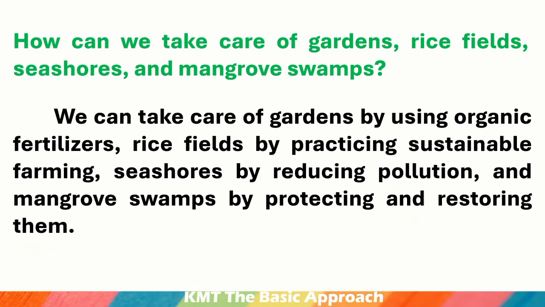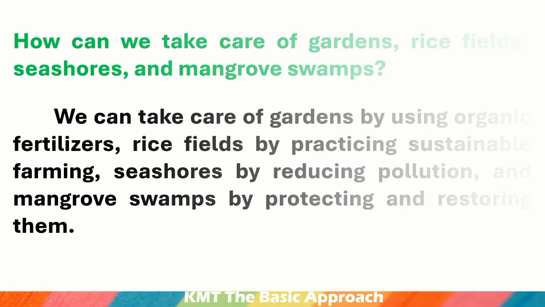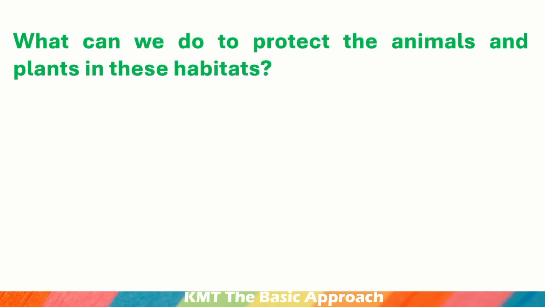Correct! We can take care of gardens by using organic fertilizers, rice fields by practicing sustainable farming, seashores by reducing pollution, and mangrove swamps by protecting and restoring them. What can we do to protect the animals and plants in these habitats?